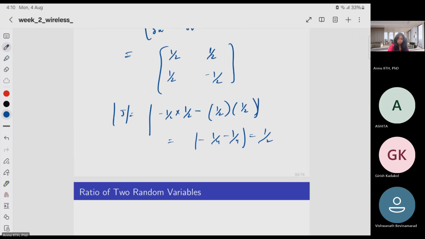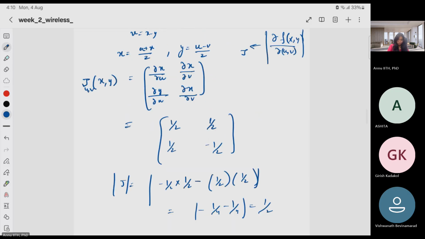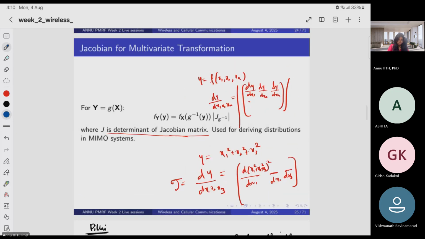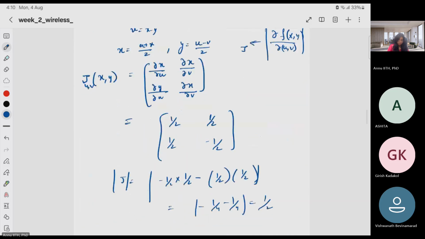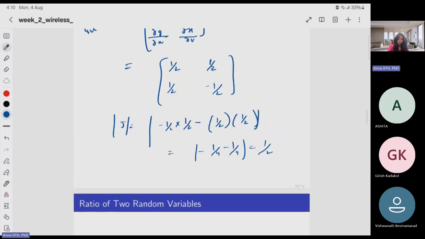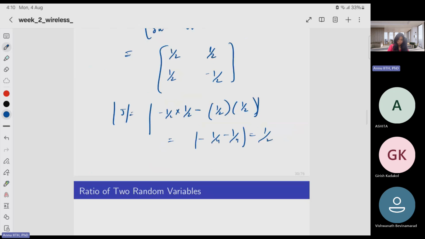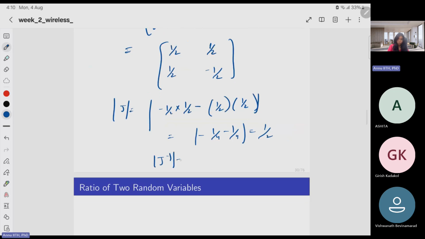So it is J inverse. The mod of J inverse is equal to 1 by 2.